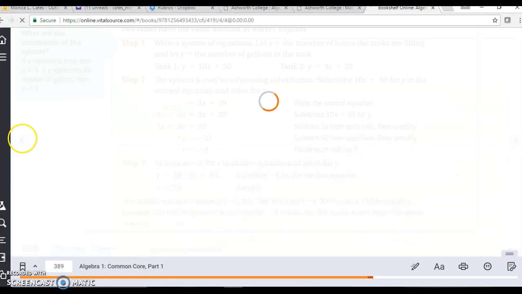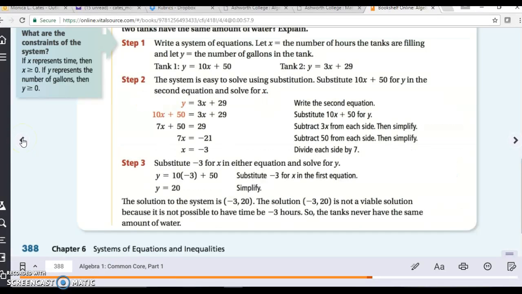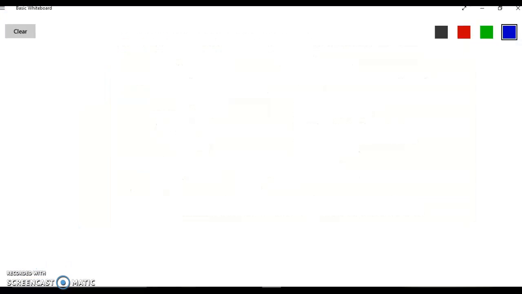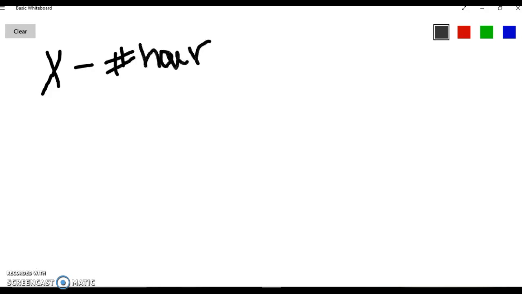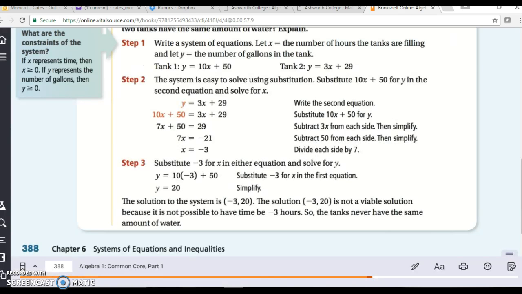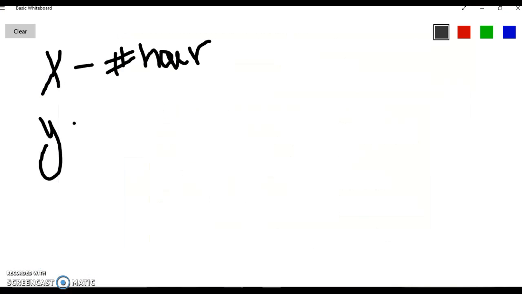Well, let's take a look back at what we did before, and let's do the exact same thing. So it says let x equal the number of hours the tanks are filling, so we'll do that as well, and y will be the number of gallons.